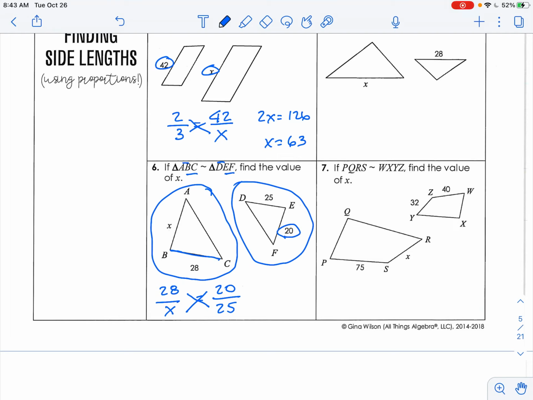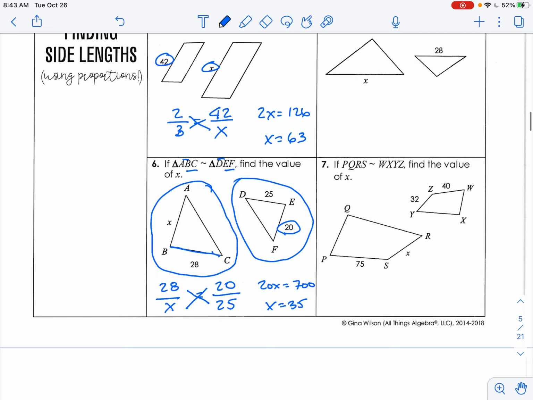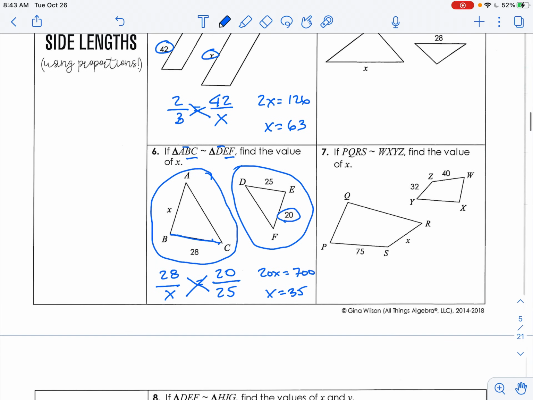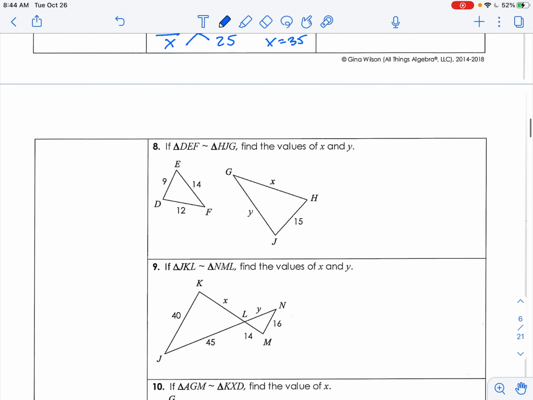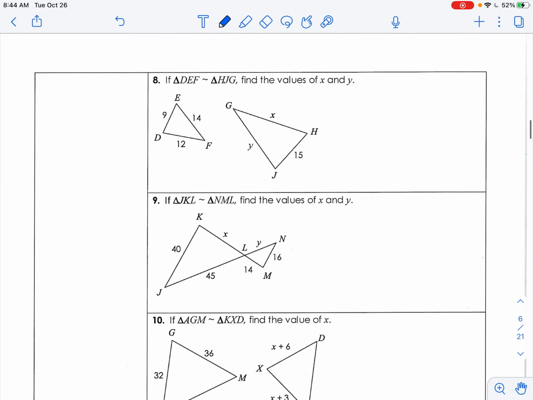But if you were to do that, you would get some version of 20x equals 700, I think it turns out to be, which would tell you x equals 35. So again, if they just give you the ratio, you can do this. If they give you the sides, you want to try to match them up across from each other using the letters. One quick note here, it does apply to quadrilaterals as well.